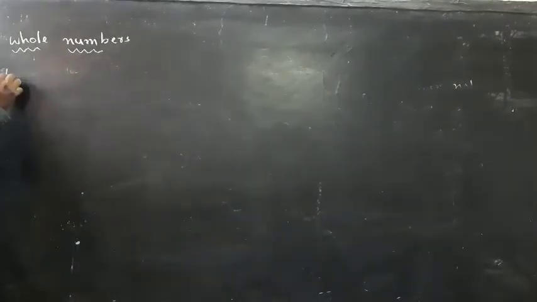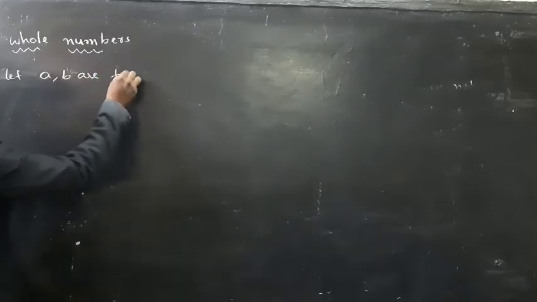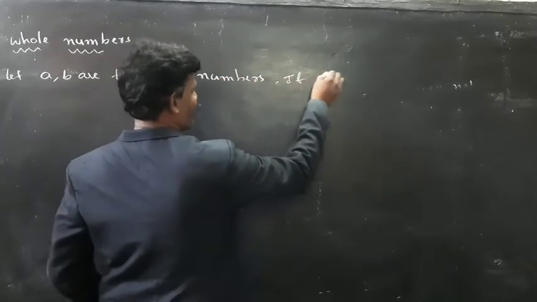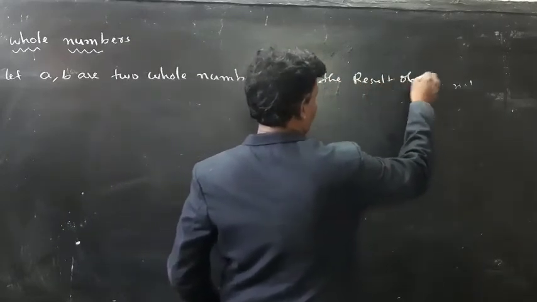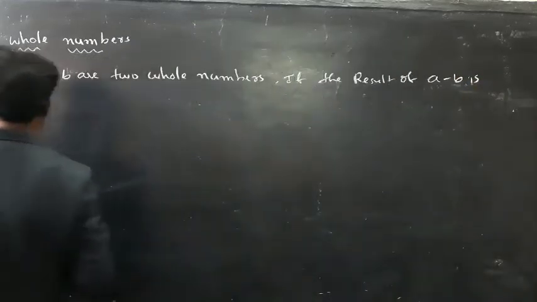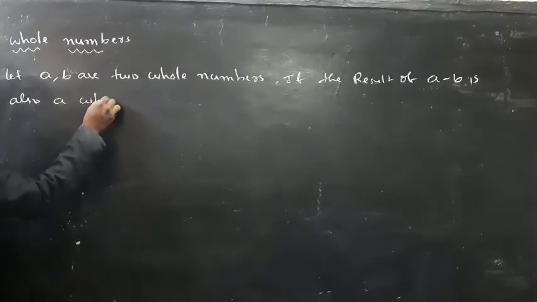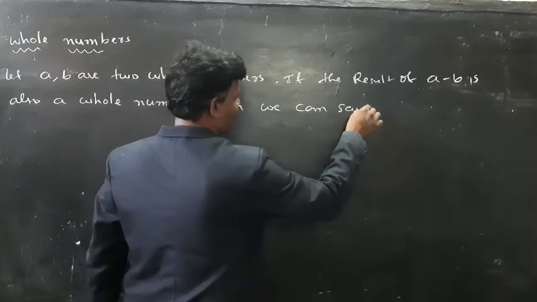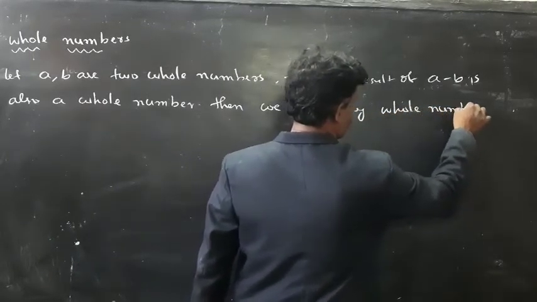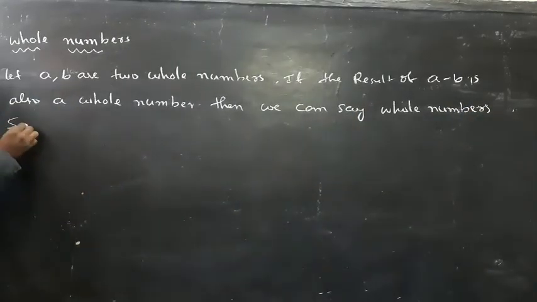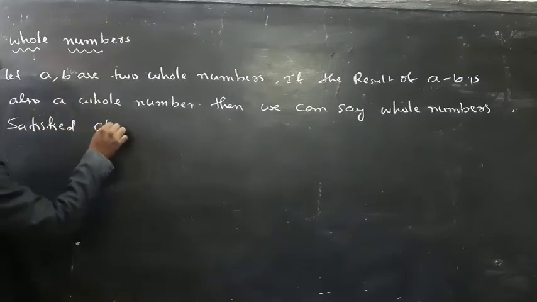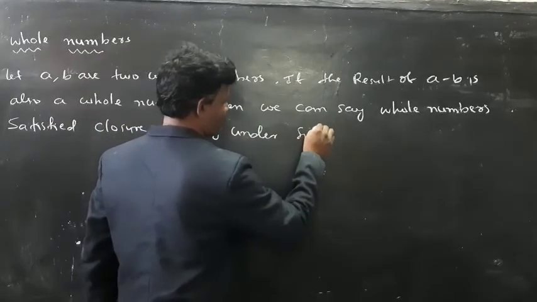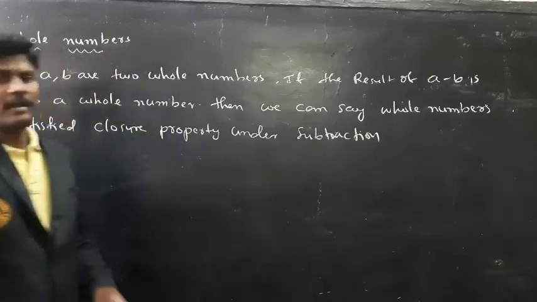Next, whole numbers. Let A comma B be two whole numbers.